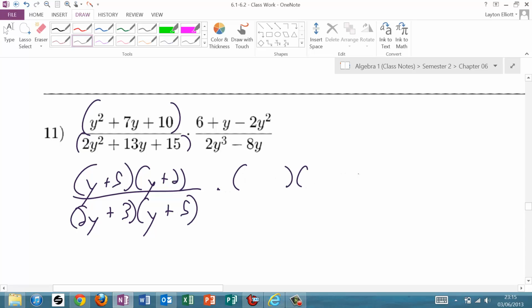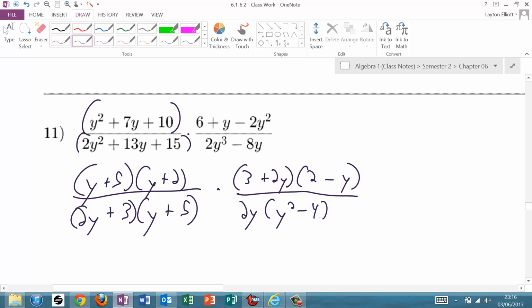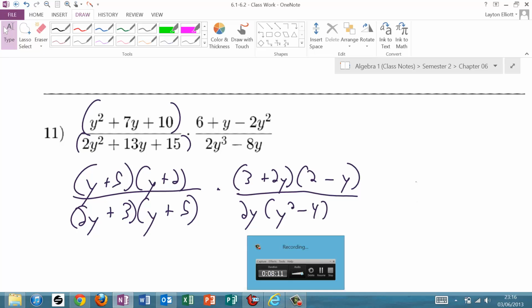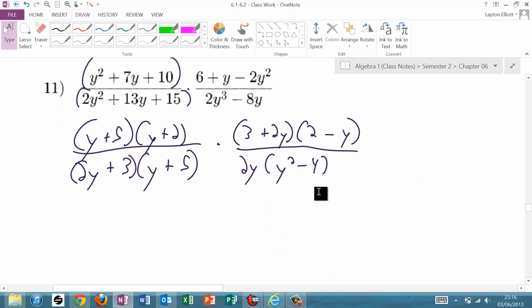Here, if I keep it the way it is, I would have 3 and 2, and then I'd want the 2y here and the y here, so it becomes plus 4 and minus 3. Then I have 2y greatest common factor, pull that out, and I get a y squared minus 4. I'm going to cheat now and erase the y squared minus 4 and make it a y plus 2 and a y minus 2.